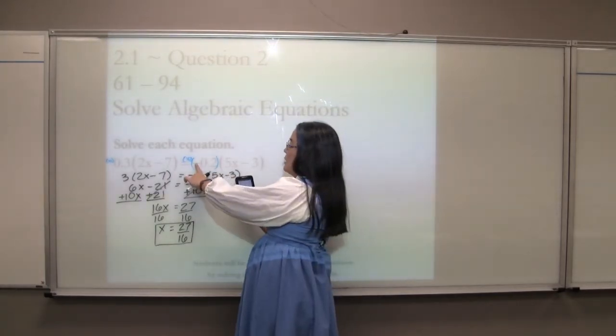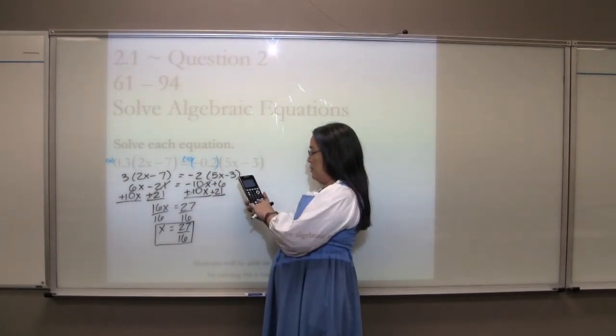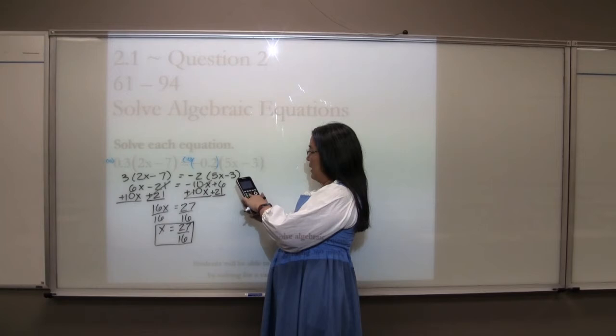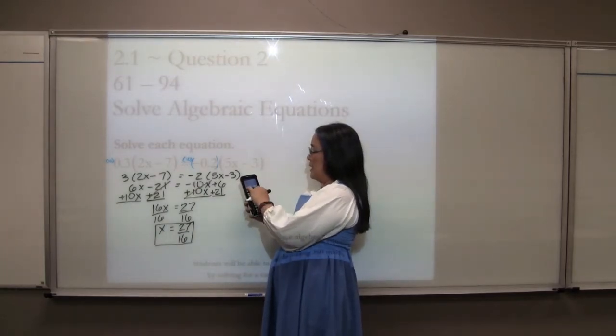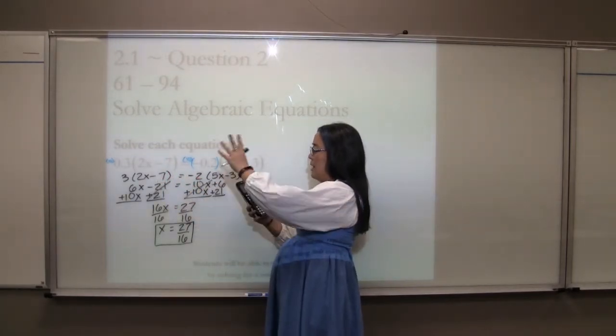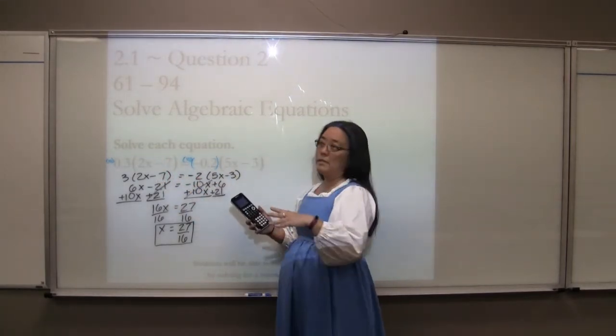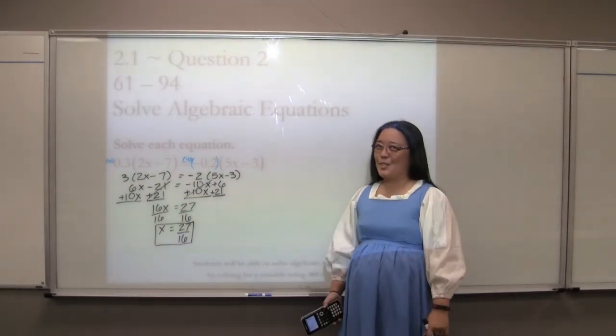So because there's nothing actually in front of this, I have to use a negative 0.2 parentheses, 5x minus 3, and parentheses. And as I get these answers, it says the left-hand side is negative 1.0875, and the right-hand side is negative 1.0875. If you wanted to do this by hand, that would also work.